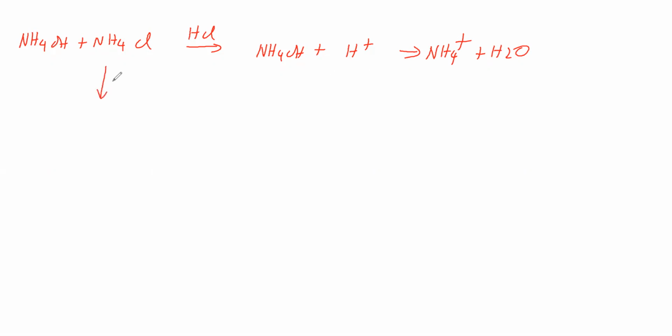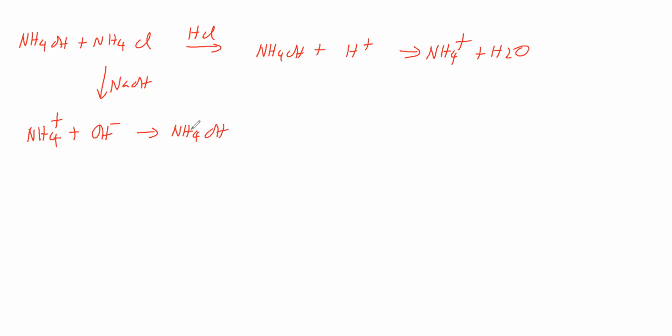Suppose you add sodium hydroxide into the buffer solution. The sodium hydroxide gives OH minus ions to the buffer solution. In the buffer solution, which will consume this OH minus? The only possibility is that the ammonium ion has to consume it. Ammonium ion consumes this OH minus and becomes ammonium hydroxide.